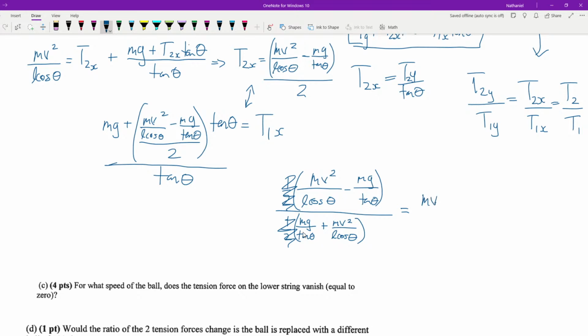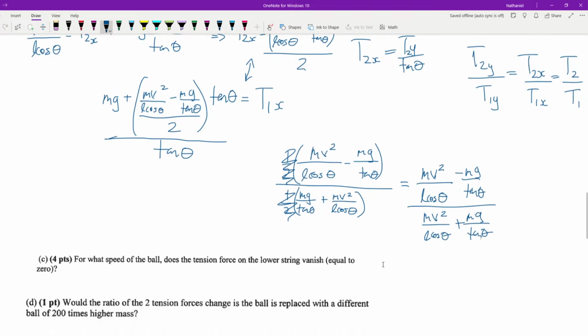So it's mv squared over L cos theta minus mg over tan theta, all over plus mg tan theta. I know it's ugly, but we got there.